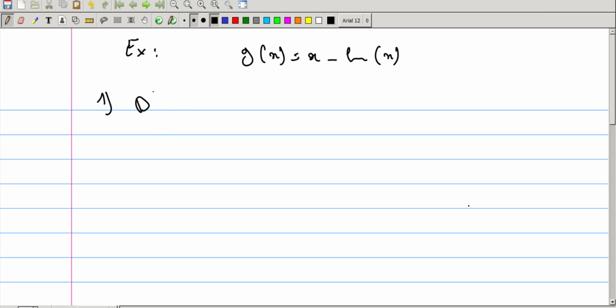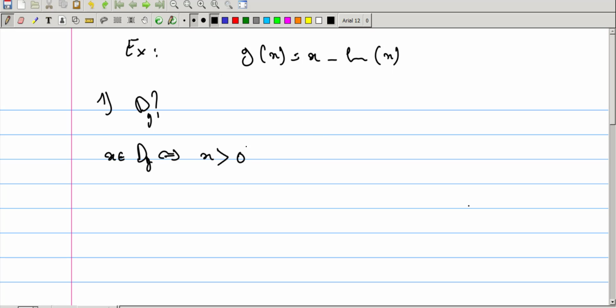So we say the domain of definition of g, we will use this technique: x is equivalent to x strictly greater than 0, because it is in the ln, in the argument.